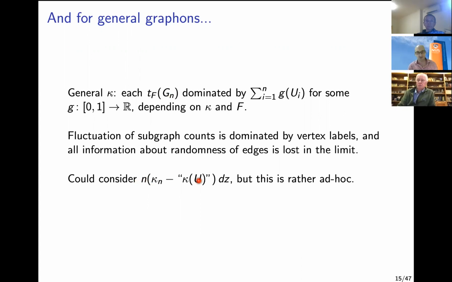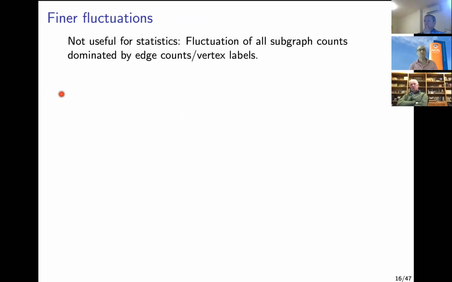Of course you can do ad hoc things, like trying to subtract a kappa that depends on the U, but what we're looking for is a coherent theory that captures more than just this part. So that's not what we're going to do.